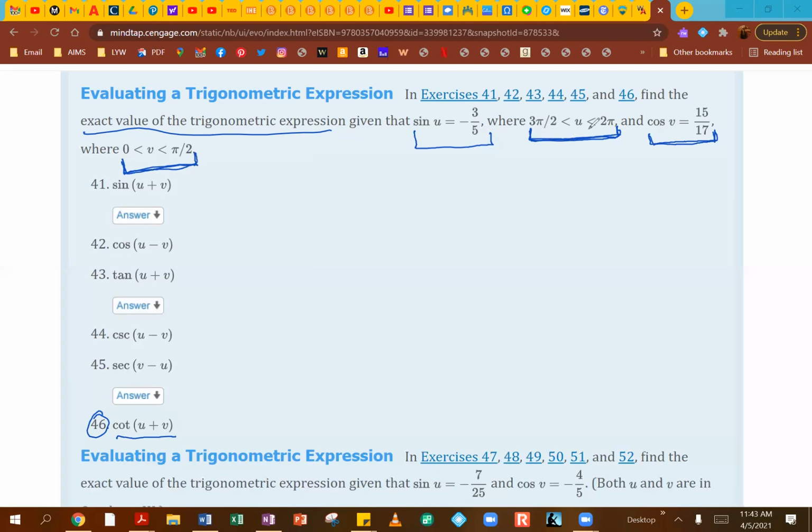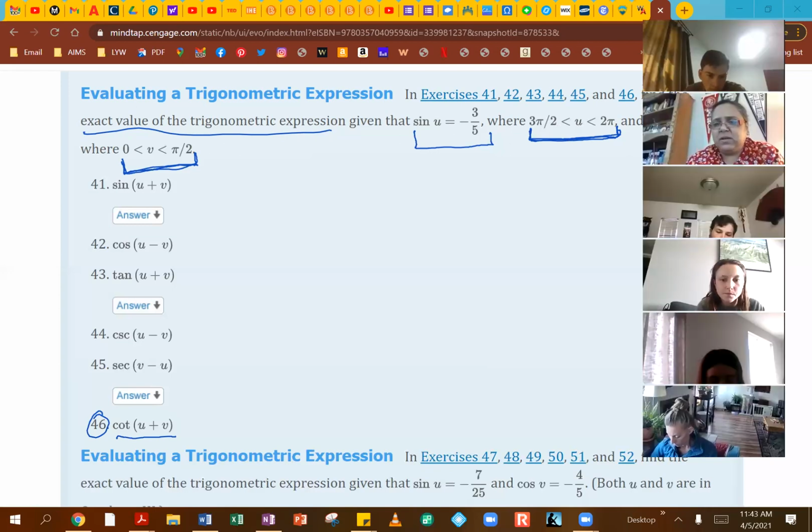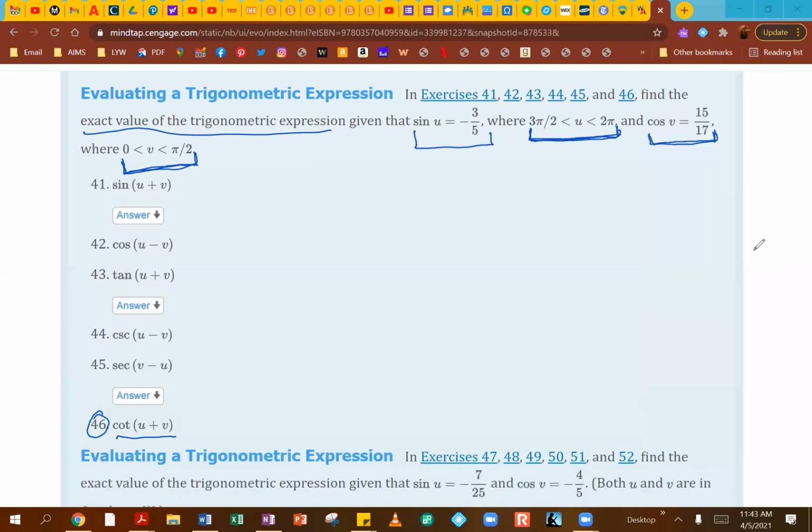So can you tell me for the u angle, which is between 3 pi halves and 2 pi, what quadrant that falls under? So for angle u, what quadrant are we looking at? Yeah, very nice.